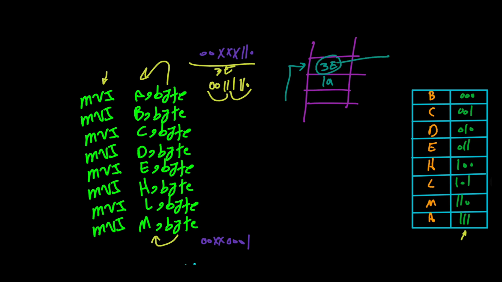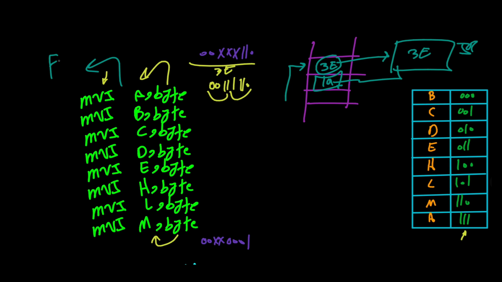So 3E would be brought inside the IR register. The CPU would find out that the byte in the next memory cell should be read and put inside the A register. So we say the steps taken for this would be a fetch and one read.